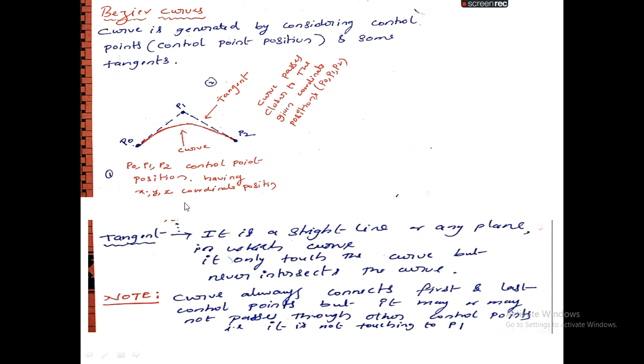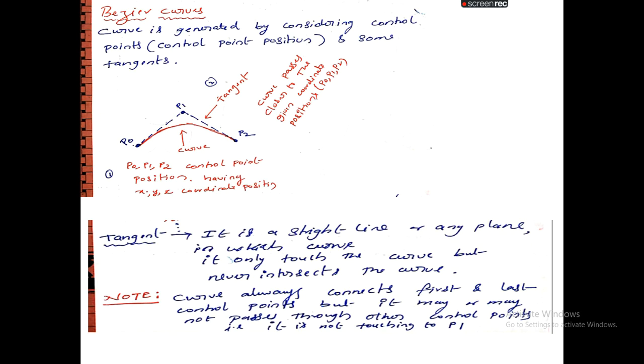Before that, I would like to tell what the control point position contains. Every control point position has an x coordinate value, a y coordinate value and a z coordinate value. I will repeat, every control point can be represented using three coordinate positions: x, y and z.